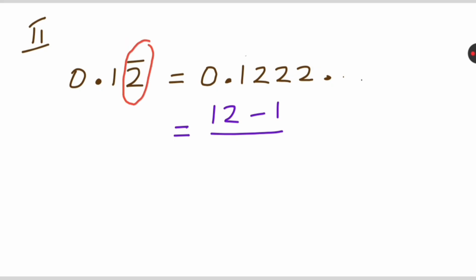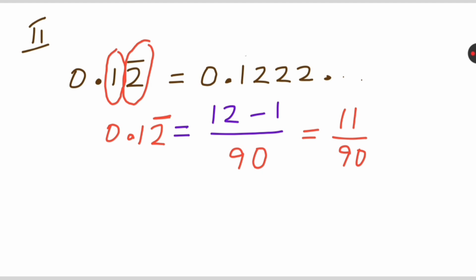That number of digits you take as nines. Here only a single digit has a bar, so you take a single 9. And how many digits don't have a bar? That many zeros you write. Only 1 digit does not have a bar, so you write 90 here. So 12 minus 1 gives 11/90. So 0.12 bar in fraction form is 11/90.